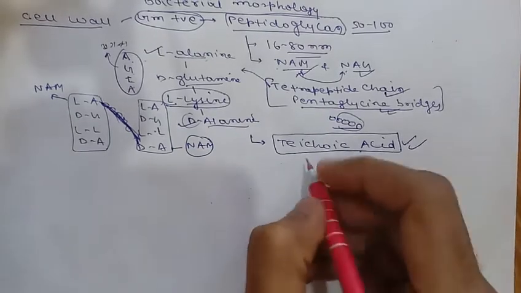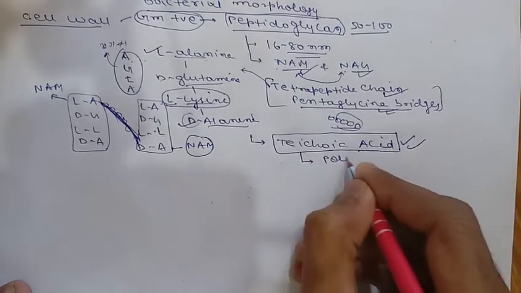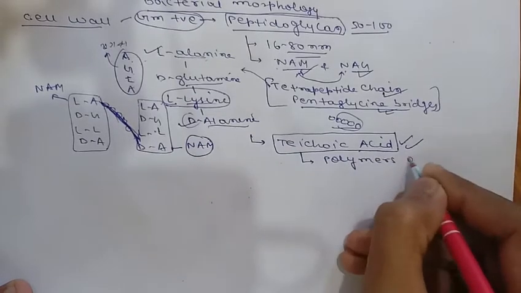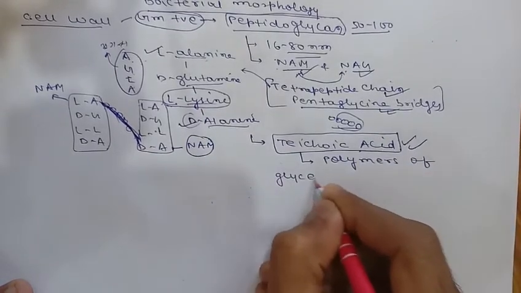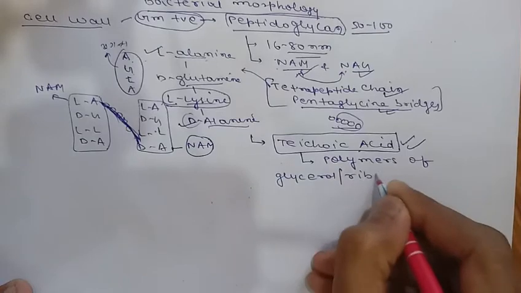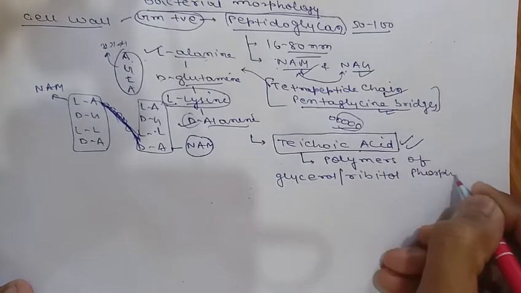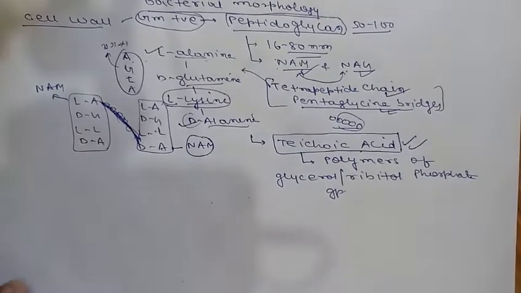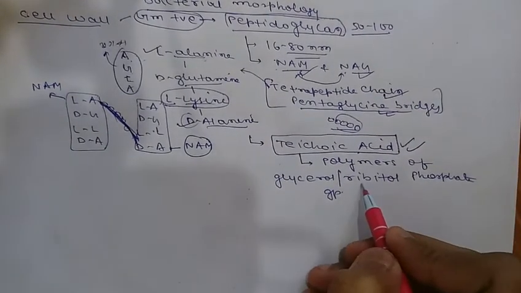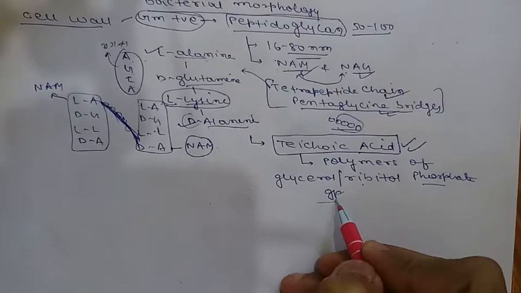Teichoic acid is a polymer of glycerol or ribitol, joined together by phosphate groups.